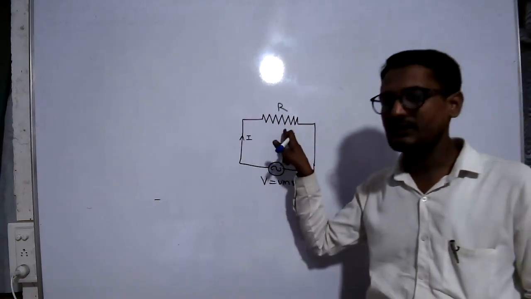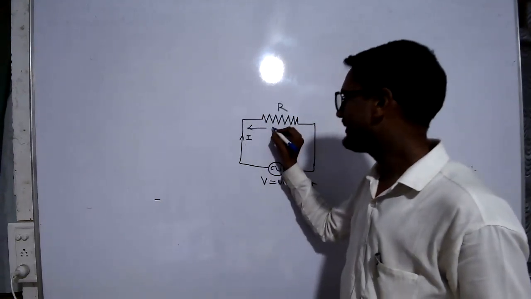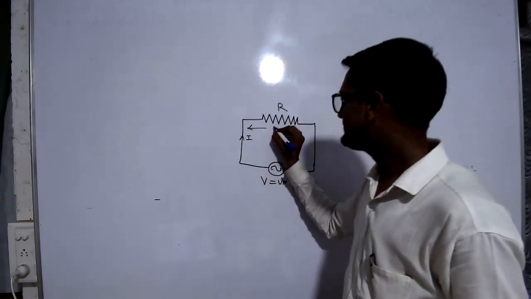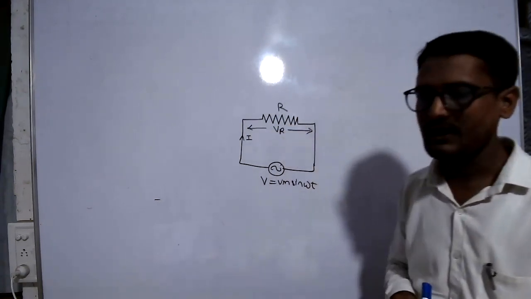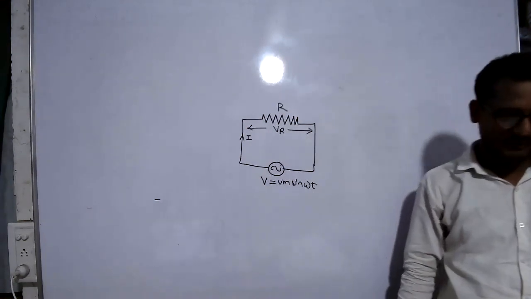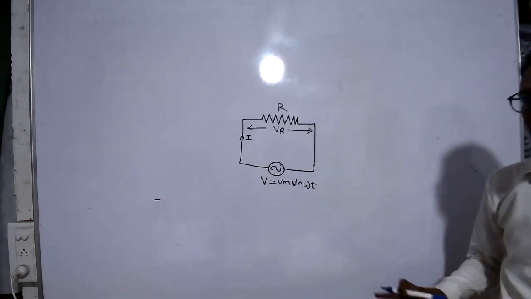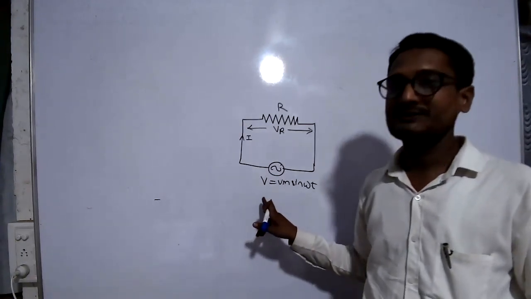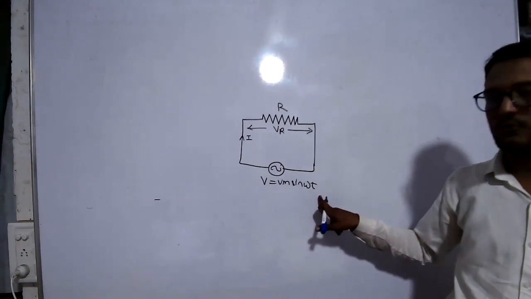When the current starts flowing through the resistance, a voltage drop happens across the resistance. This voltage drop is called VR, the voltage drop across the resistance. Then the equation for the supply voltage is given by V equals Vm sin omega t.